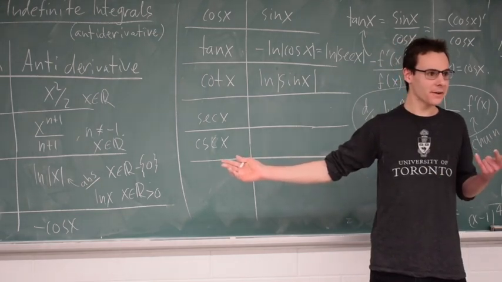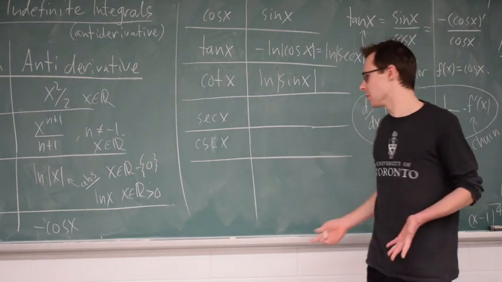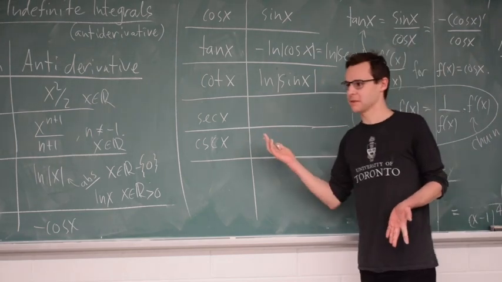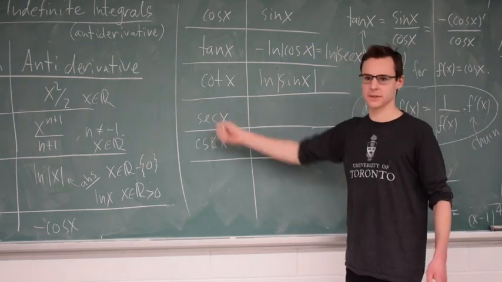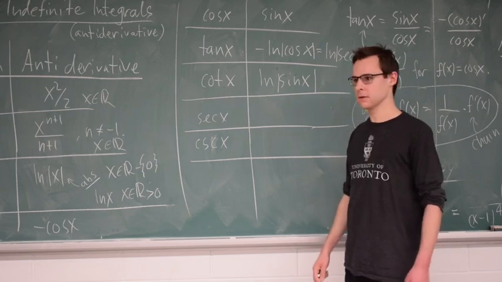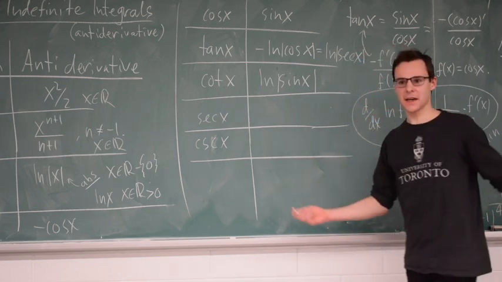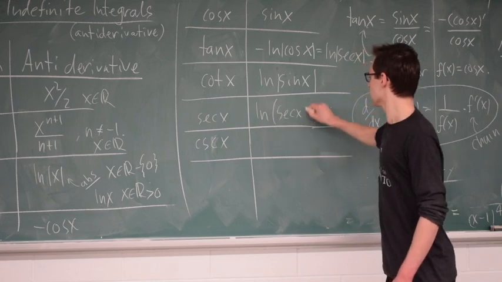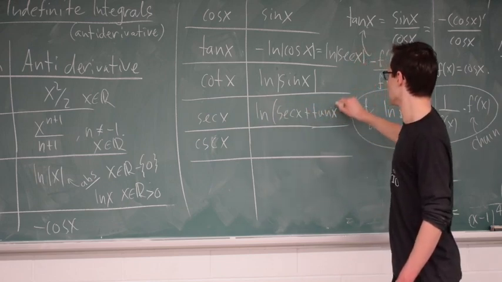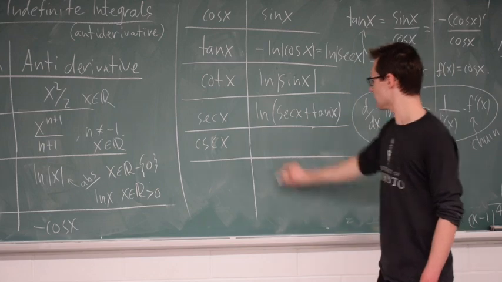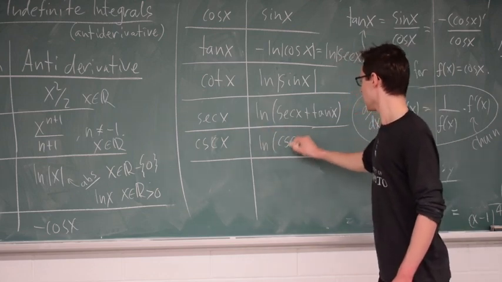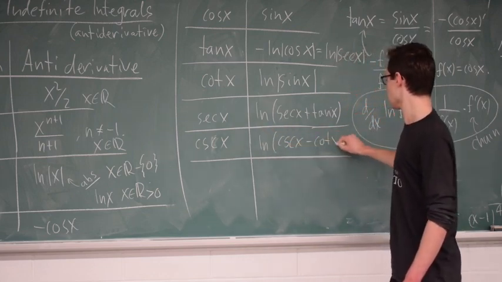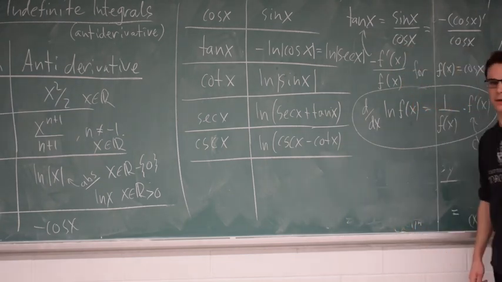Okay, cool. So you probably won't be expected to derive that. Especially this one is sort of a hard problem. But anyway, I'll give you the answers so that you know them. This one is ln of secant x plus tangent x. And this one is ln of cosecant x minus cotangent x. There's another way to express it.